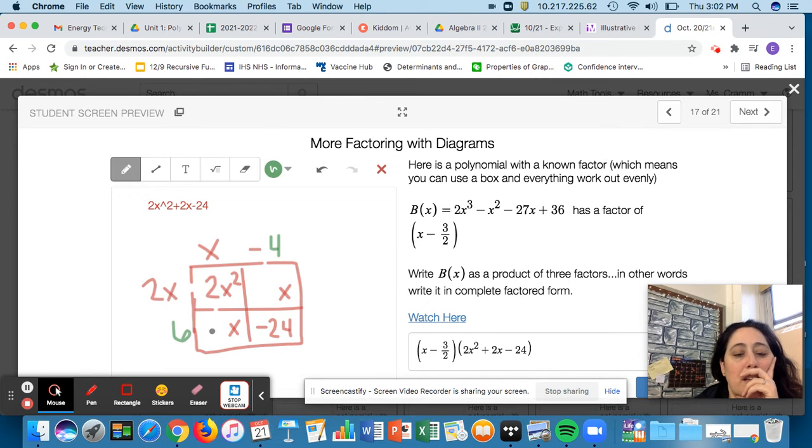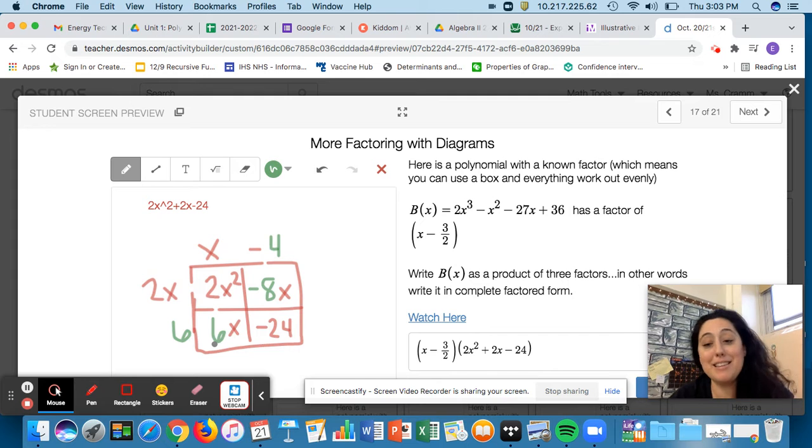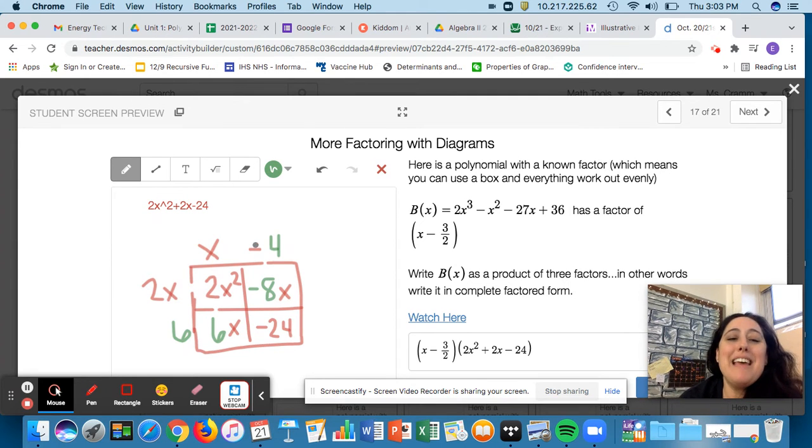Okay, so 6 times x is 6x. 2 times negative 4 is negative 8. So negative 8x plus 6x would give me a negative 2x. Oh, I'm getting close. See, this is the exciting part, right? I'm almost there. So in that case, I just need to switch the signs, right? So 2 times a positive 4 would give me a positive 8x.